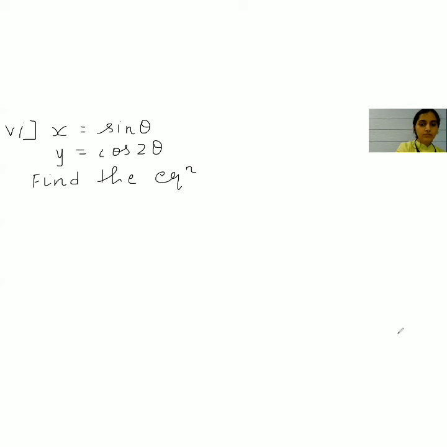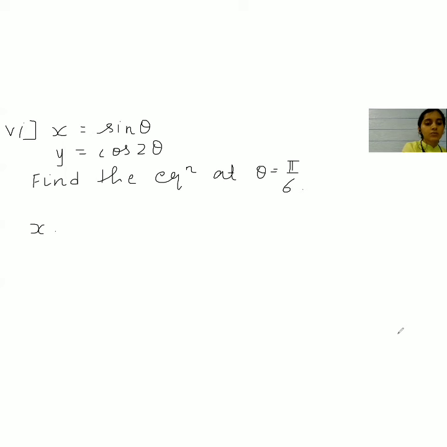I'm doing the 6th one just to get a hang of the trigonometric type. So we have x is equal to sine theta and y is equal to cos 2 theta. We have to find the equations at theta equal to pi by 6. So first of all, let us find the points x1, y1. We don't have that, so we can substitute theta equal to pi by 6 in x and y.